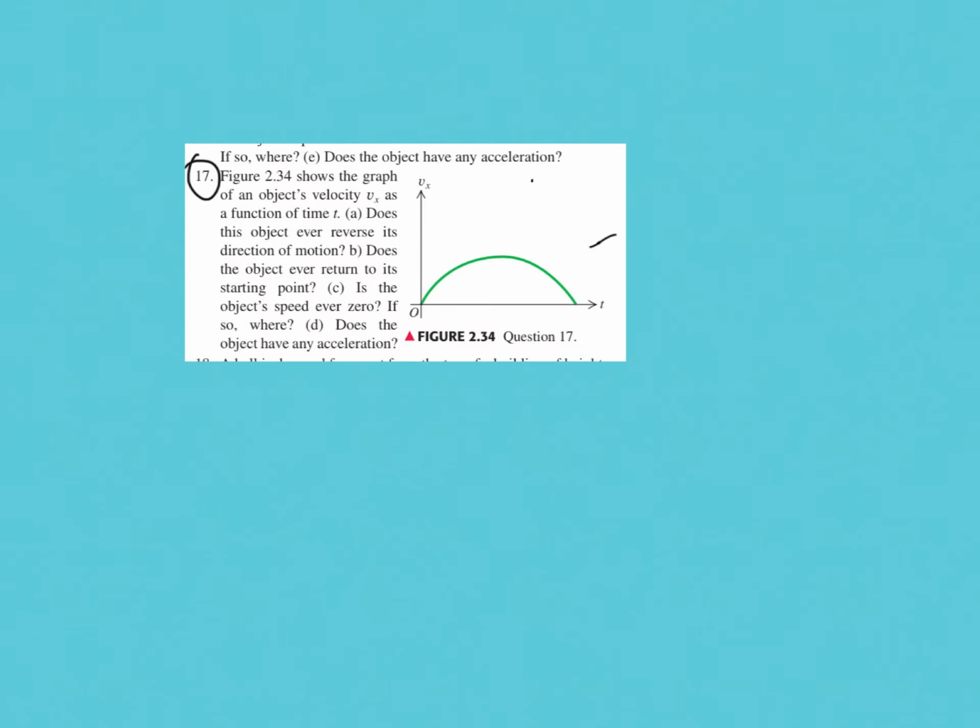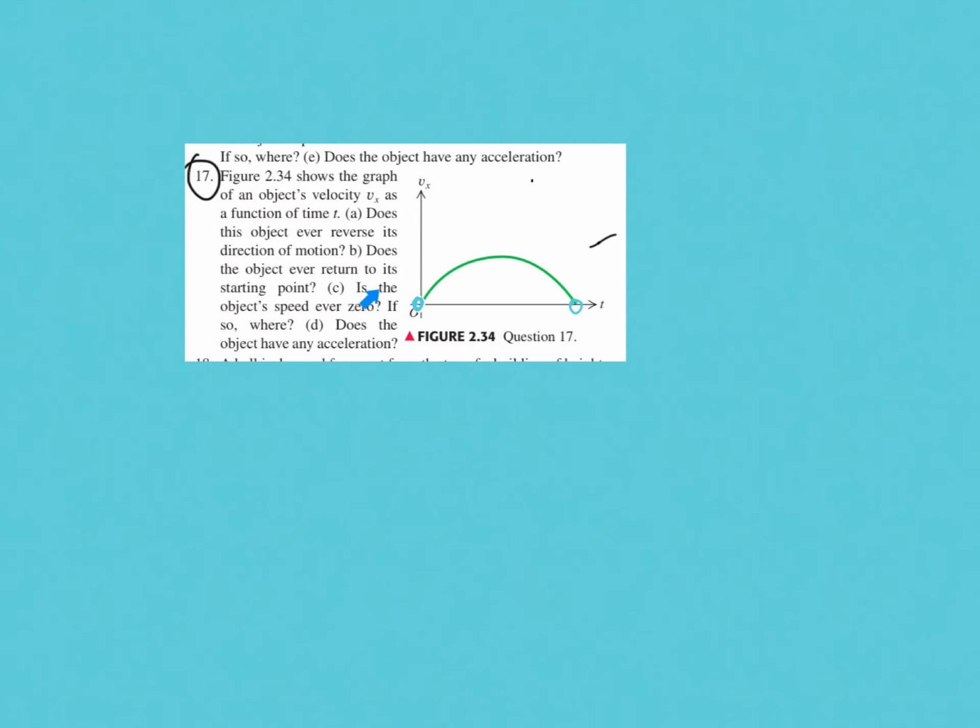Second question, does the object ever return to its starting point? Of course, he started at this point and he comes back to the point 0. So he repeats this point, but at different times, of course.